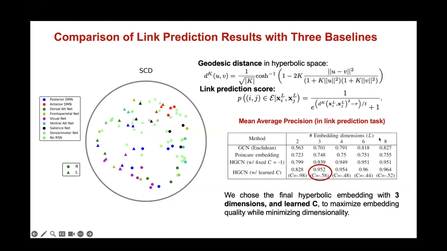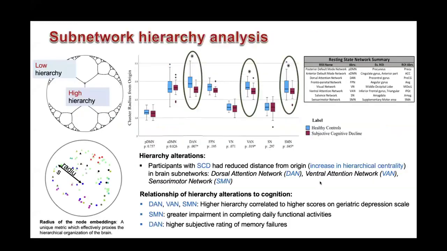The Euclidean approach needs embedding dimension 8 to achieve 82% accuracy, while here we only use dimension 3 to obtain 95% accuracy for link prediction. So finally, we choose 3 dimensions with learned curvature C to generate the brain regional embeddings for the downstream task that we want to study.